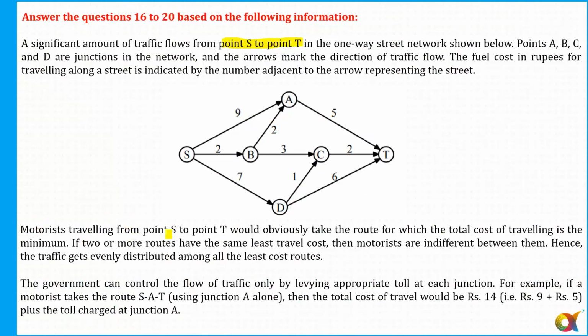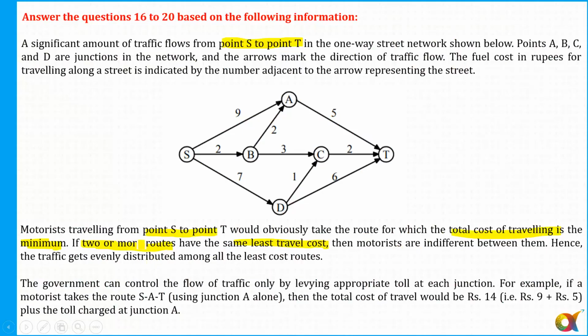Motorists traveling from point S to point T would obviously take the route for which the total travel cost is the minimum. If routes have the same least travel cost, then motorists are indifferent between them.